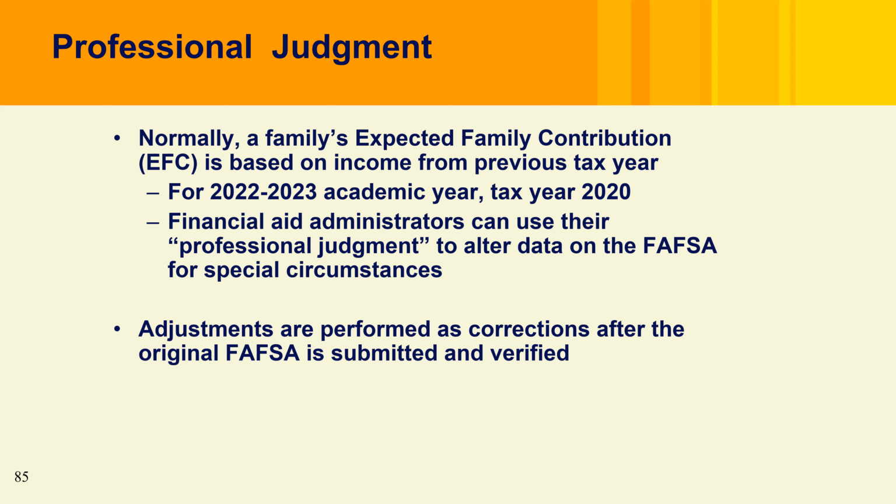While you as a student or parent have to use 2020 tax information, those college administrators are able to update your information to more clearly reflect your ability to pay and use more current income information.